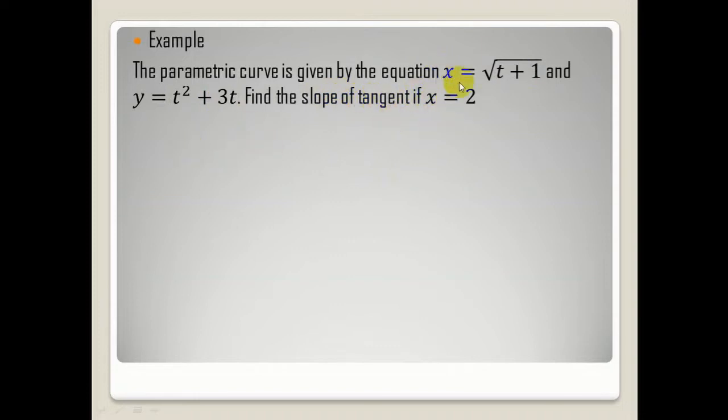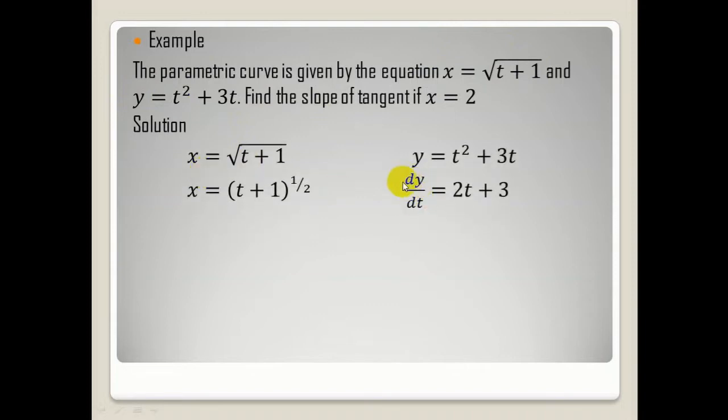First thing first, you should differentiate this x and this y with respect to t. So dy over dt is 2t plus 3, and then dx over dt is equal to half times (t plus 1) to the power minus half. Why minus half? Because half minus 1 is minus half, times the derivative of the inner function, which is 1.